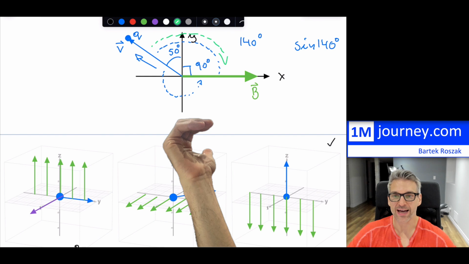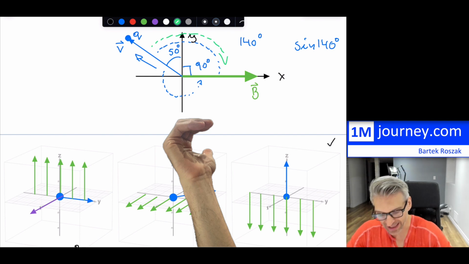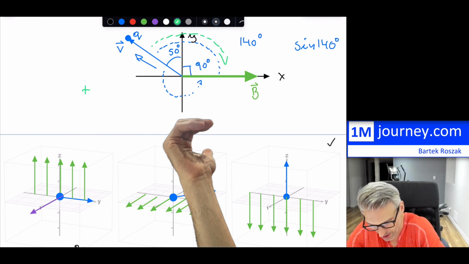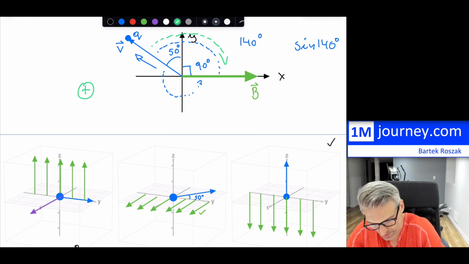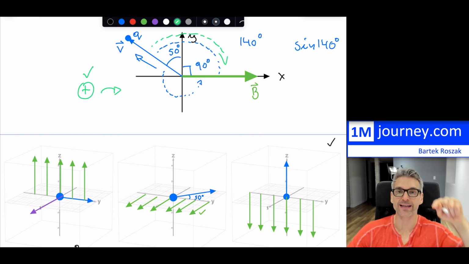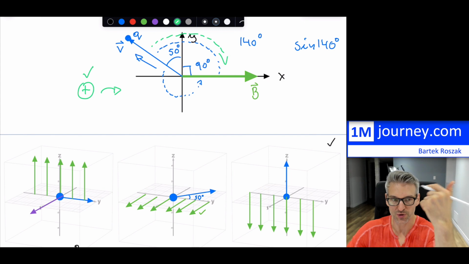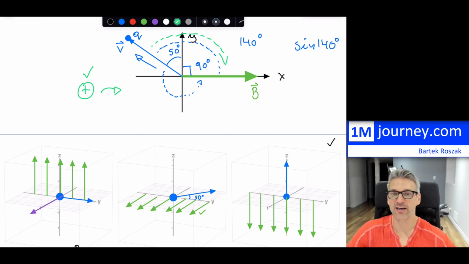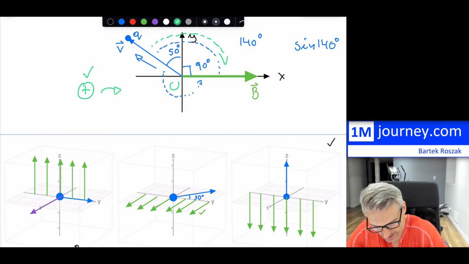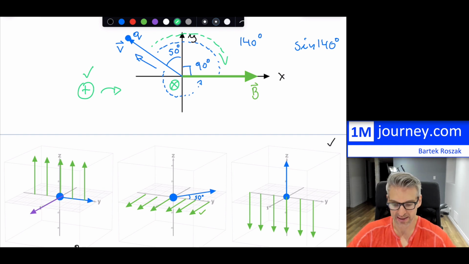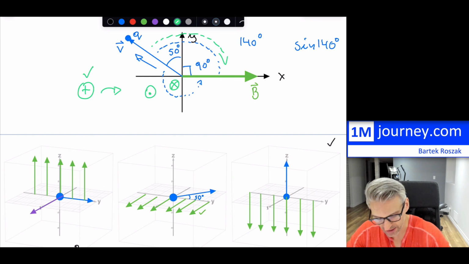If you do that, you're going to notice that for a positive charge, it's going to be pointing into the page, in this direction right there. So that would mean we would do something like this. And if it was a negative charge, it does the opposite. It would be pointing out.